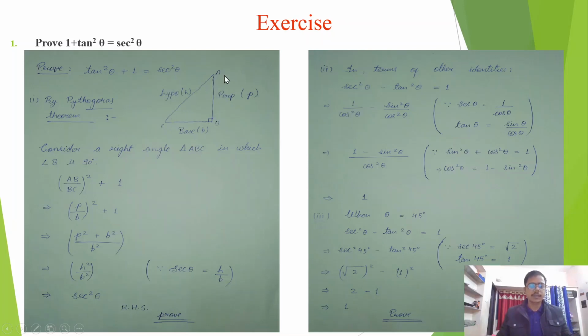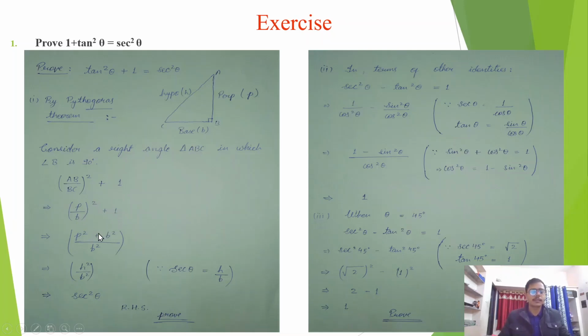For this we have taken a triangle ABC where angle B is 90 degrees. So tan square theta plus 1 can be written as follows. Tan theta can be written as P upon B, that is, perpendicular upon base, that is AB upon BC, squared, plus 1, and it can also be written as P square upon B square plus 1.